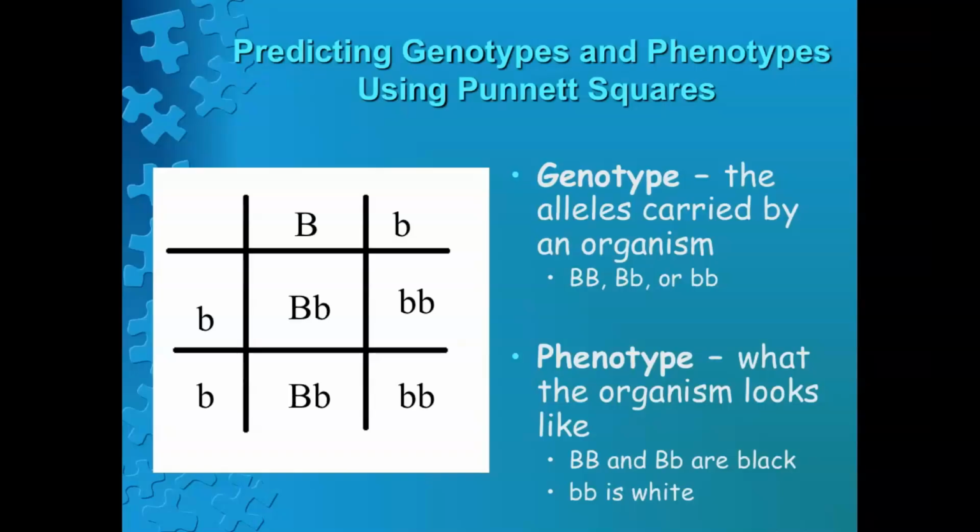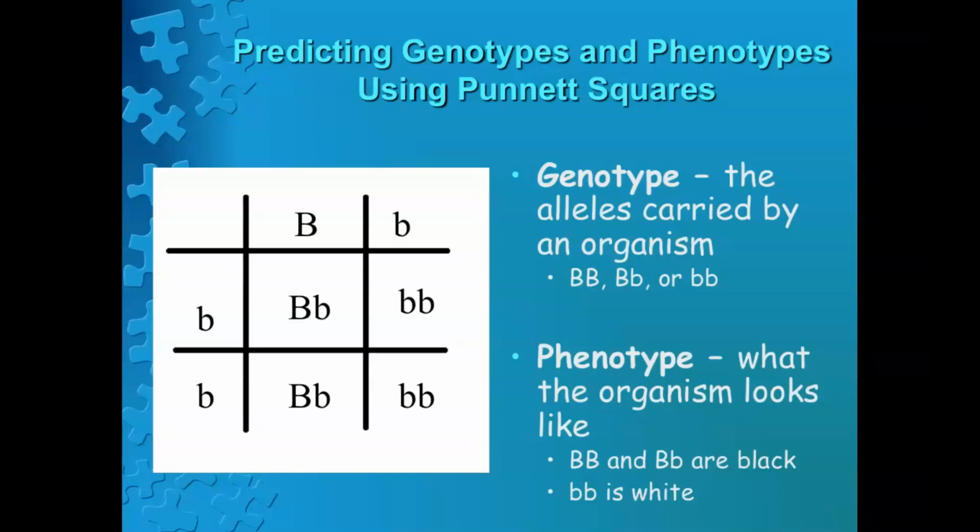Those are all the potential options from this cross for this particular trait. We're not even taking into consideration what the parents are yet. That's just the potential possibilities for genotypes.